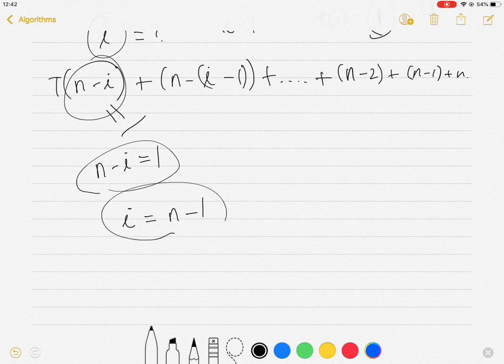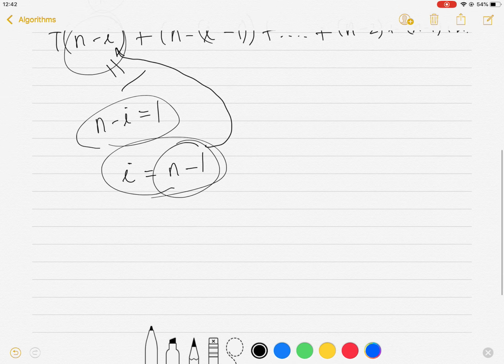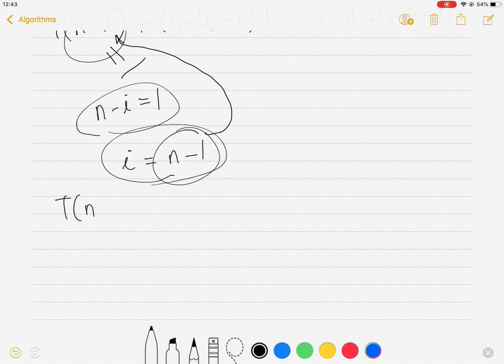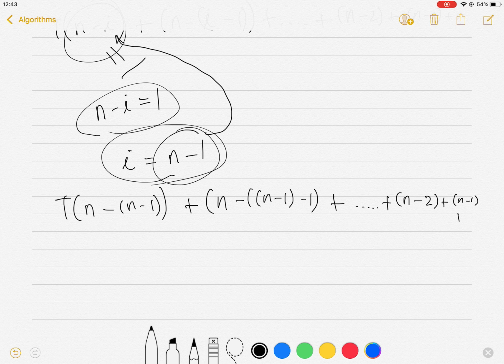Once we get i, we want to plug in n minus 1 every time we see an i. So if we rewrite this again, we'll see n minus (n minus 1) plus n minus (n minus 1) minus 1 plus some center stuff, and then n minus 2 plus n minus 1 plus n.